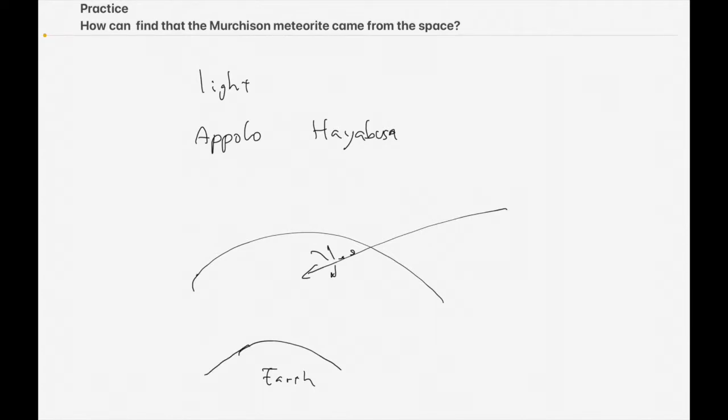Some of the particles can survive, and we can pick up samples from space as meteorites. A big meteorite with a mass larger than 100 kg fell into Murchison, Australia in 1969.